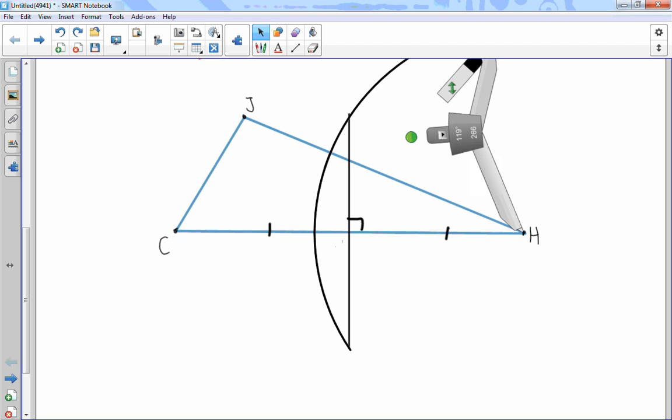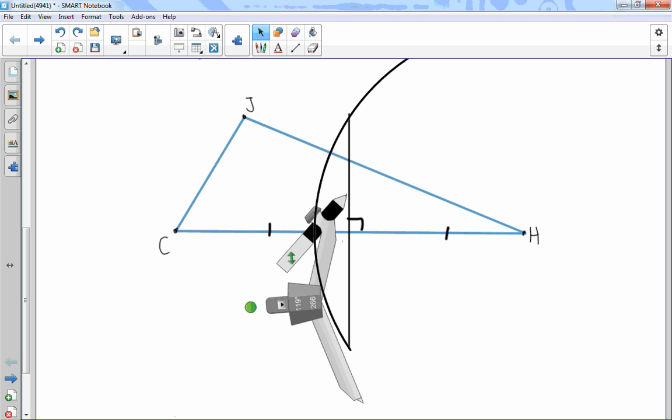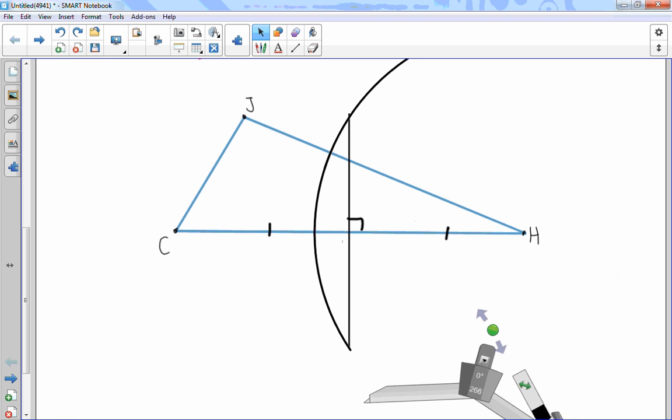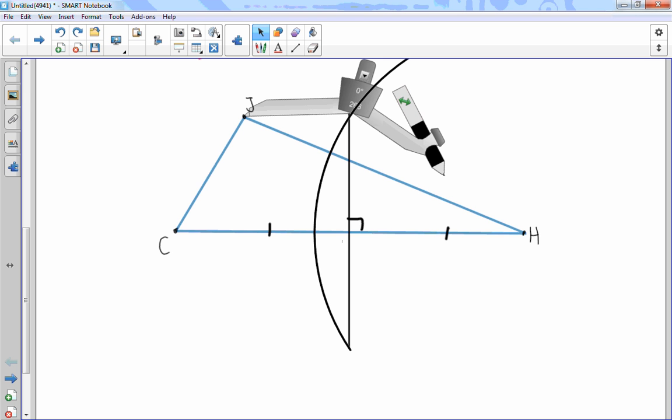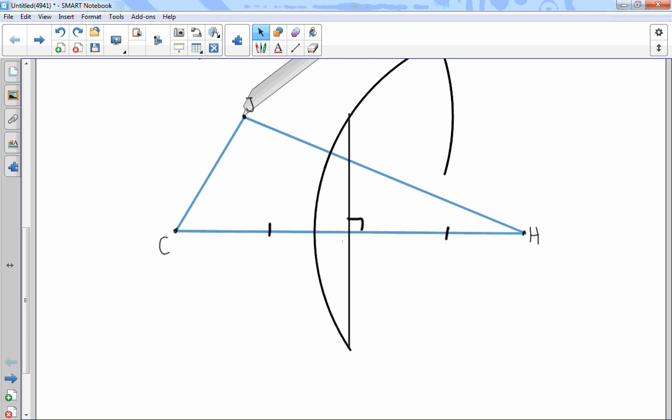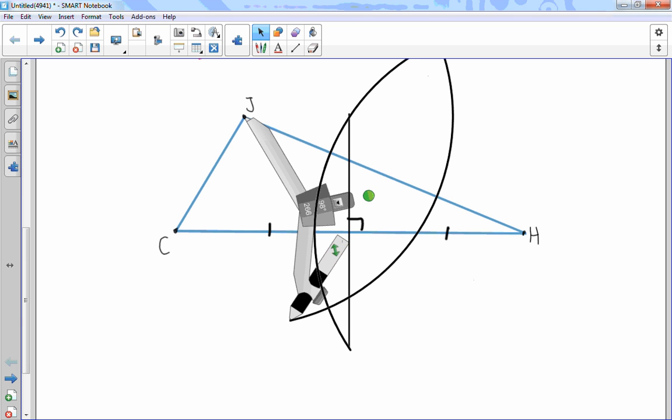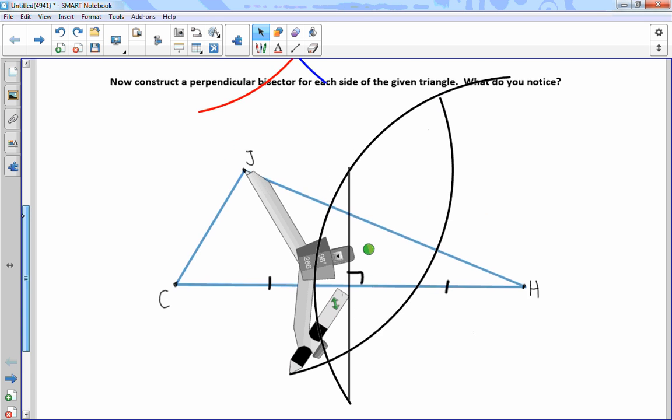Then you need to keep the same width and relocate your sharp point of your compass to J. So I'm doing JH right now. Keeping the same width. And then come put my sharp point here on J. And my arc using the same width should intersect twice.